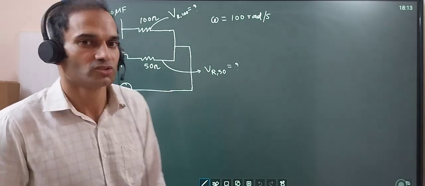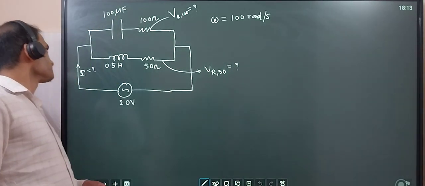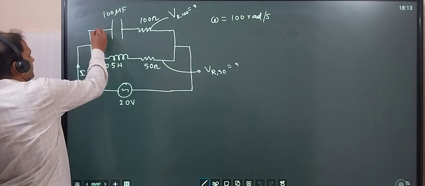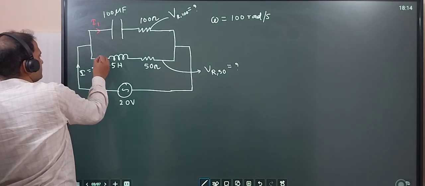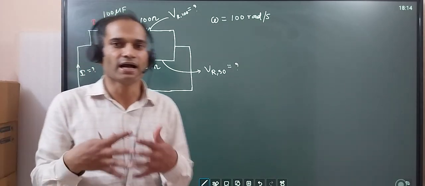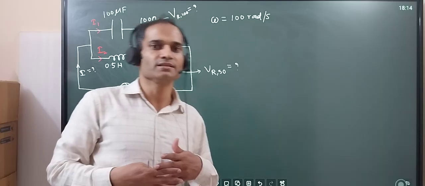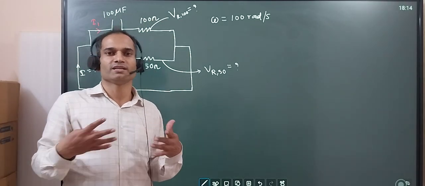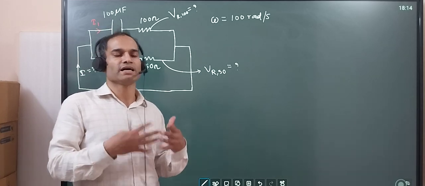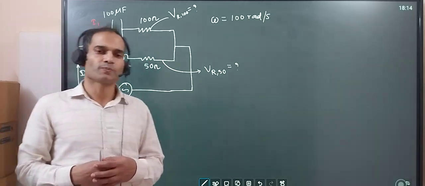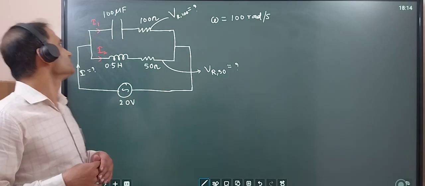So first, we can find current here. We can find I1, we can find I2, and we have to add I1 and I2. But while adding, we have to take care of the phase angle, because these I1 and I2 are phasors.